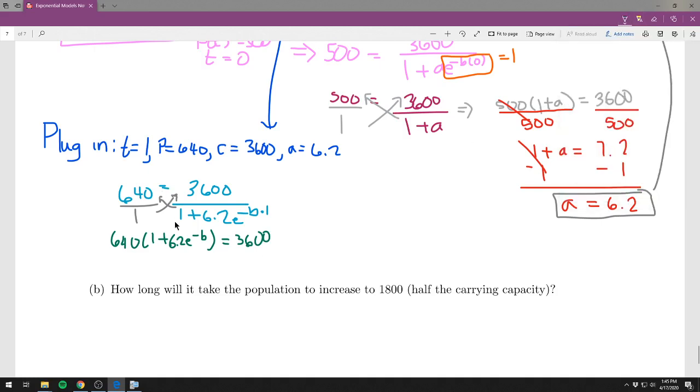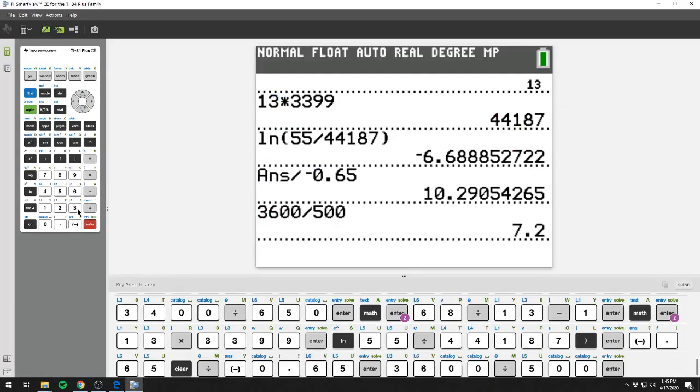Once again, I'll reiterate the same thing as last time. You can distribute the 640 or just start by dividing it, and I'll divide it. I can assure you, as long as it did take last time, it's not going to be any quicker the other way. So we got 3600 divided by 640.